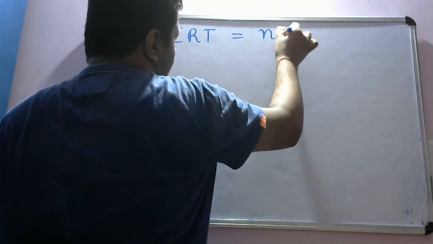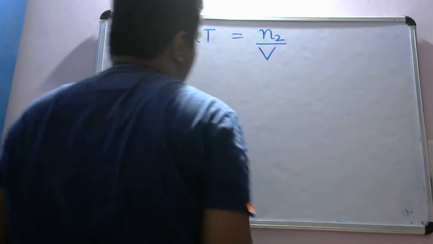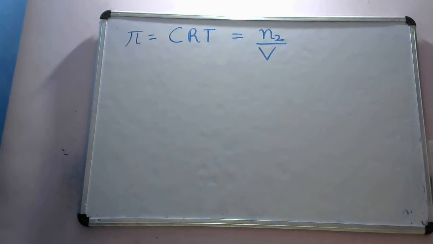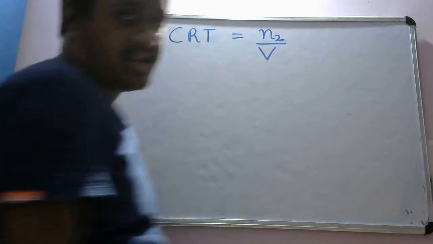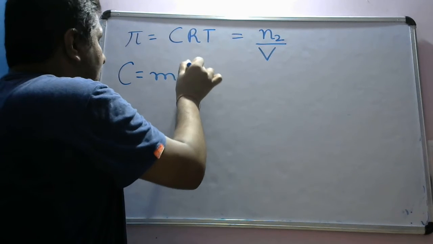Molarity is calculated by the number of moles of solute by the volume of solution in liters.